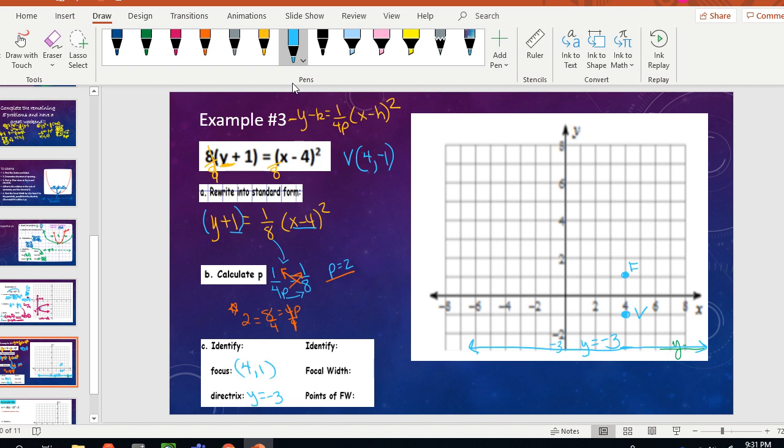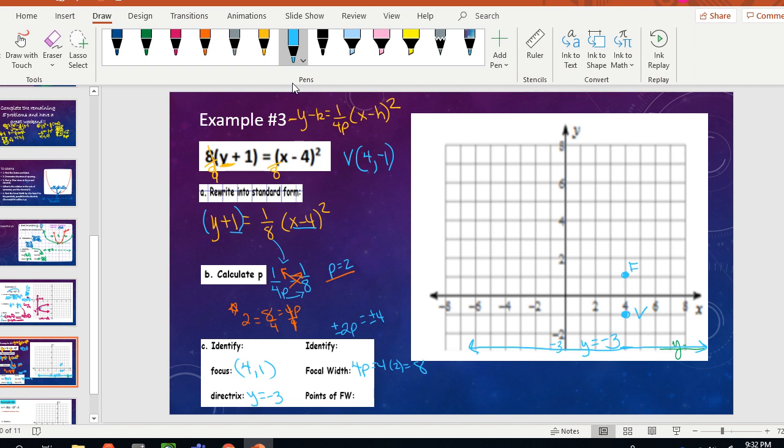All right. So, and then the focal width is going to be, okay, each side is 2p. The focal width is 4p. So this is plus or minus 2p. So 2 times 2 is 4. But if I took the 2 and plugged it in here, that's 4 times 2 is 8.